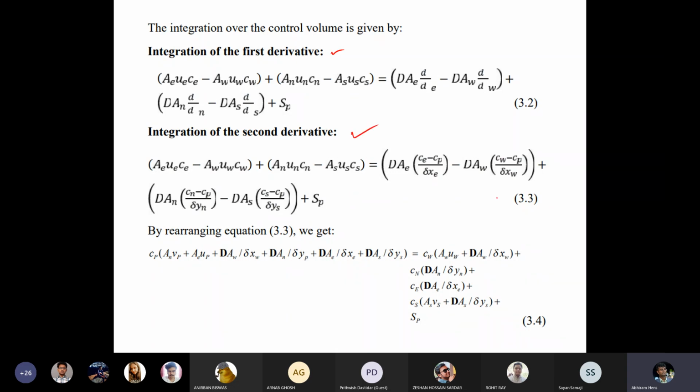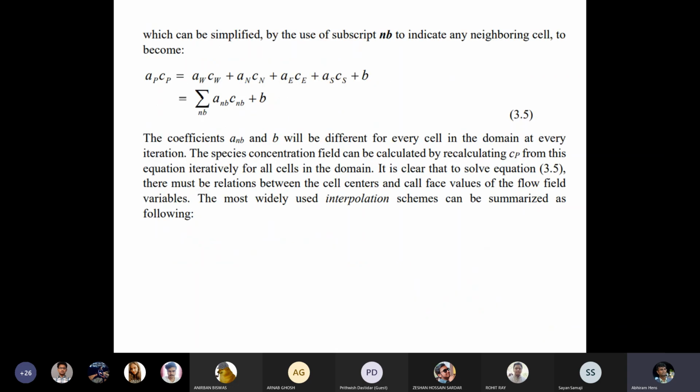After the second integration, if you write all those differential terms in algebraic form and rearrange a little bit, you will see that the equations are of this format. We saw in the last class how this algebraic equation arises. So these are the algebraic equations you get after adopting the control volume algorithm.